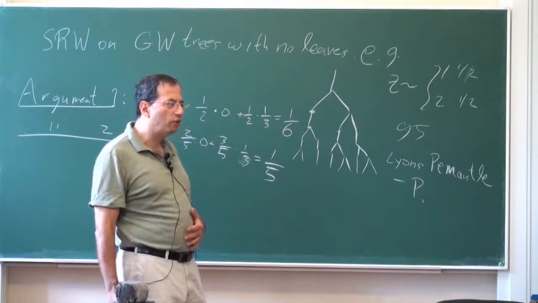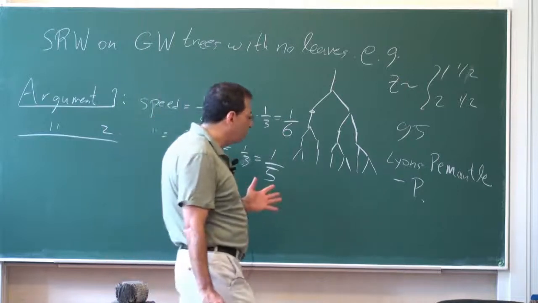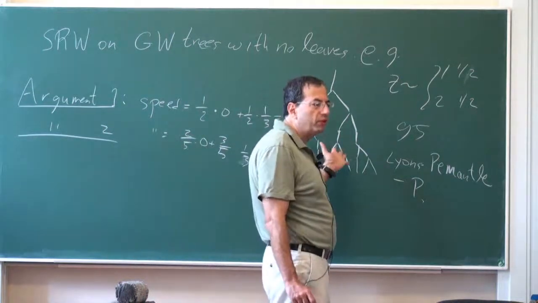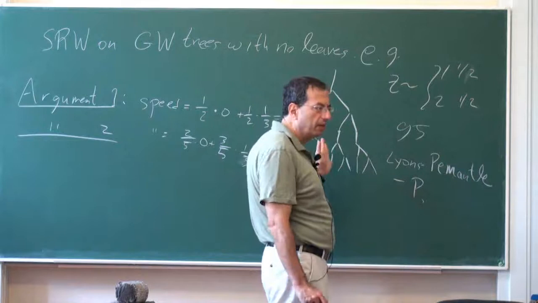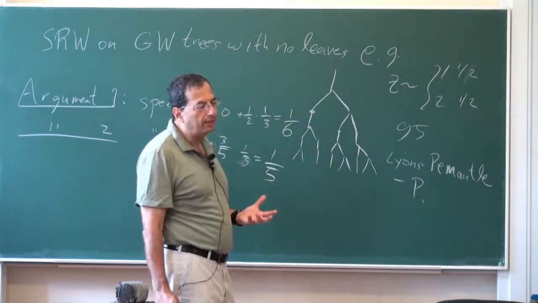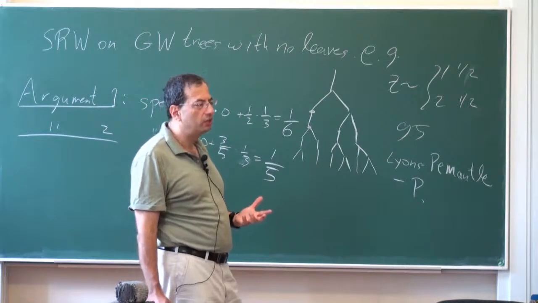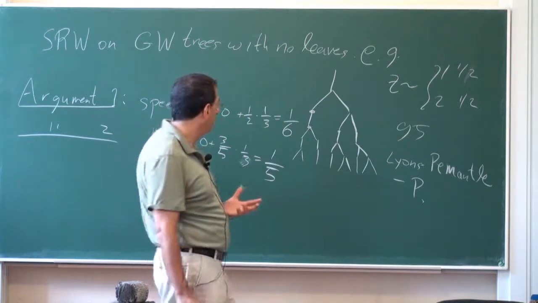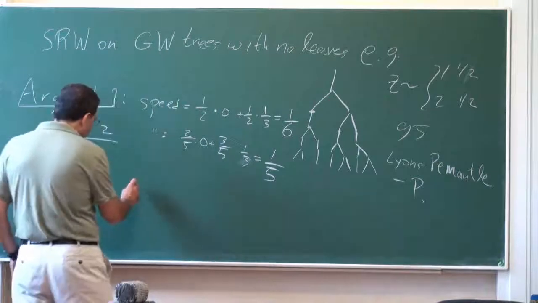So the reason this works here is because the frequencies really are given in this case by these numbers, but how do we know that? Because we can find in this case an equivalent invariant measure that we can describe explicitly. So what is this measure?